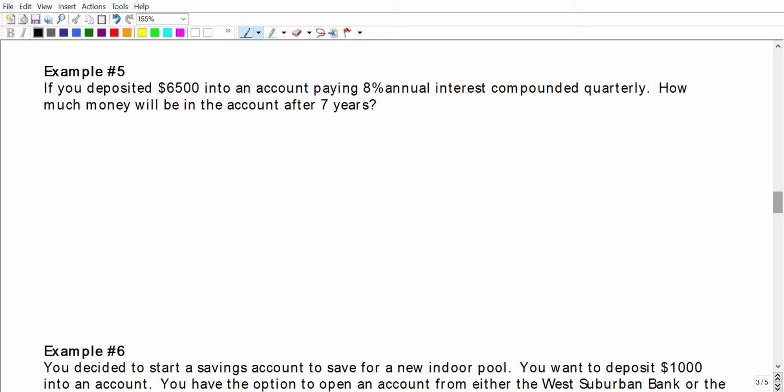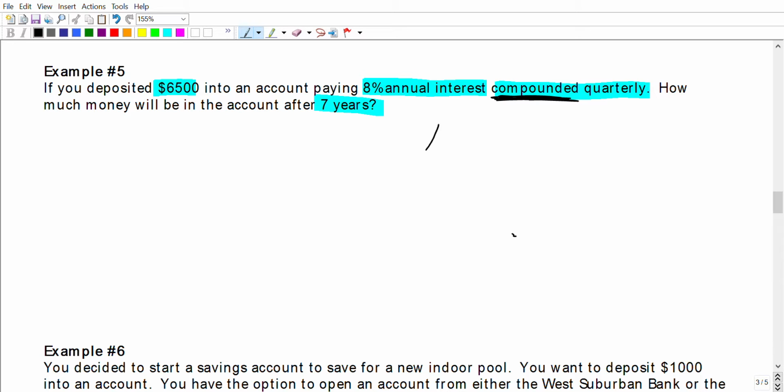All right, so number 5 says if you deposited $6,500 into an account paying 8% annual interest that is compounded quarterly, how much money will be in the account after 7 years? So I saw my keyword I always look for is compounded.